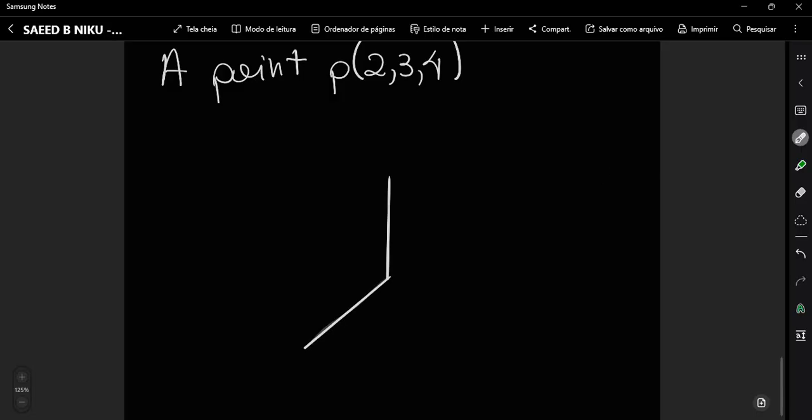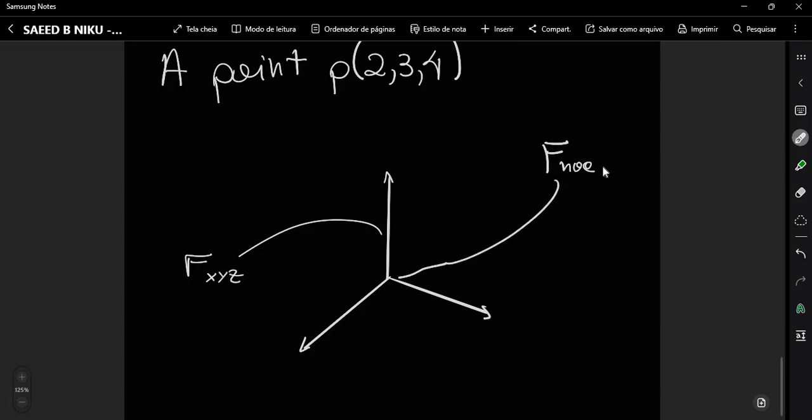We have our referential system, which is a coordinate system. And this referential system will be linked, sorry, another referential system will be linked on this one. Let's say this is the referential system f, x, y, z, and we will link right here another reference system.